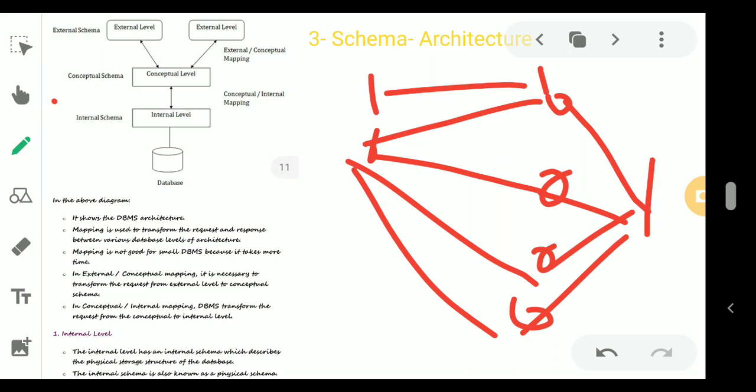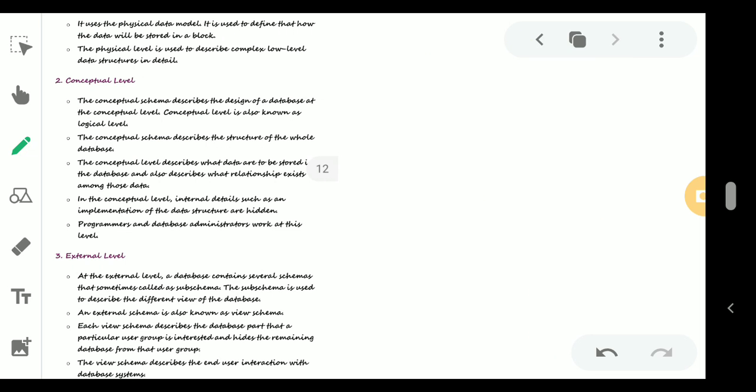Now comes the next one, the conceptual schema, or you can say the logical schema. This is the next higher level of data abstraction. This schema is used by the database administrator to describe what data is to be stored in the database and what the relationships between them are.